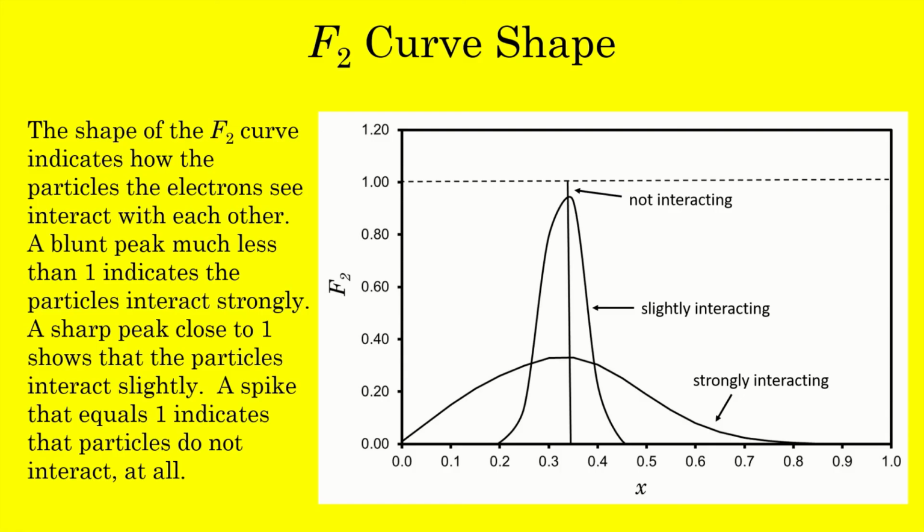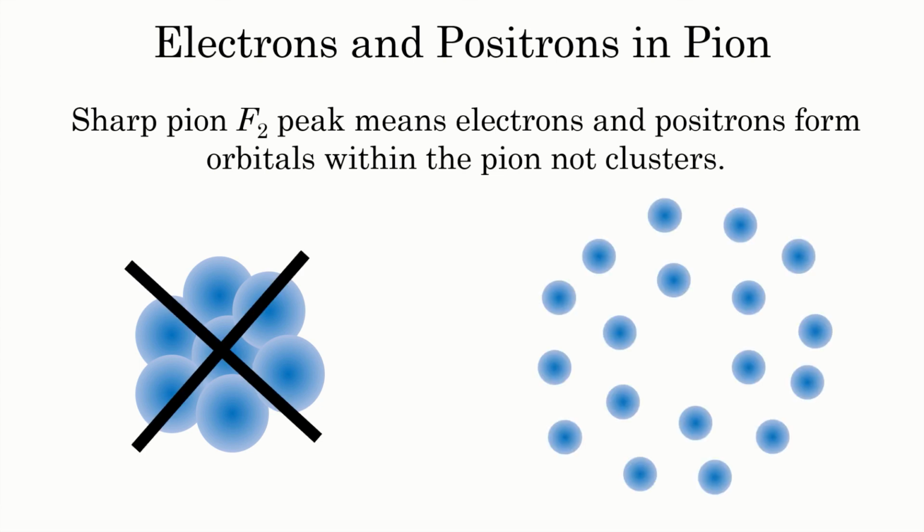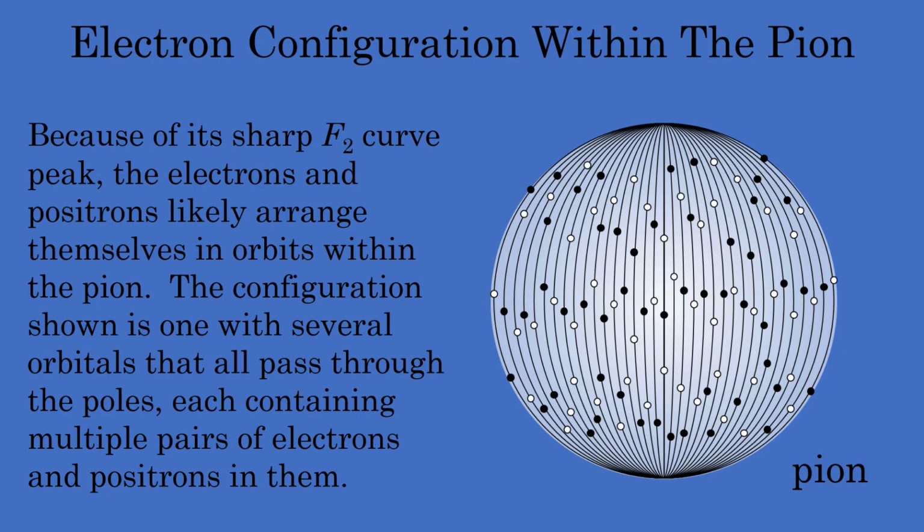According to parton theory, the sharp peak with a value near 1 indicates that the particles the probing electrons encounter within the pion, the electrons and positrons, do not interact strongly with each other. This means that they are likely not bound together like the nucleons within a nucleus, but exist in orbitals like the electrons surrounding the nucleus of an atom. It seems, somehow, a collection of electrons and positrons come together in orbitals to form the structure of the pions.